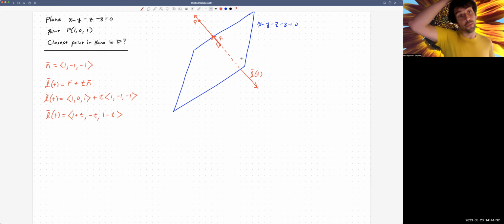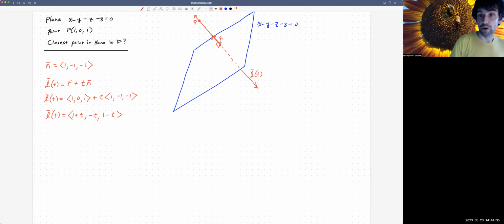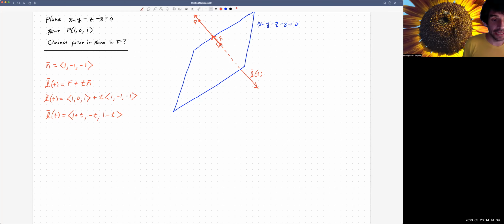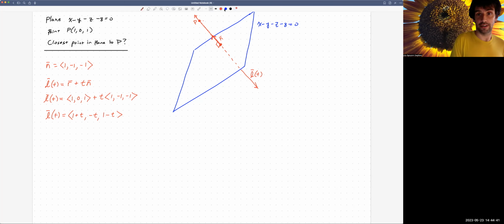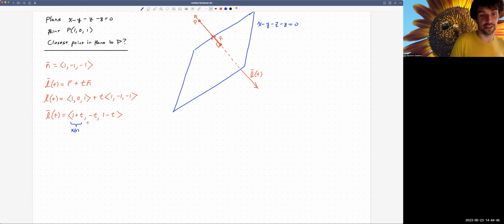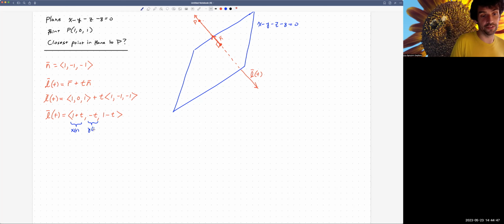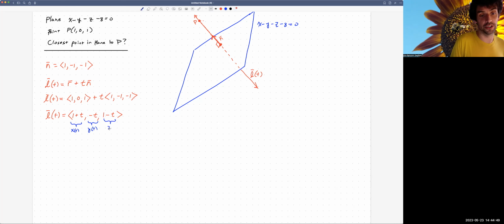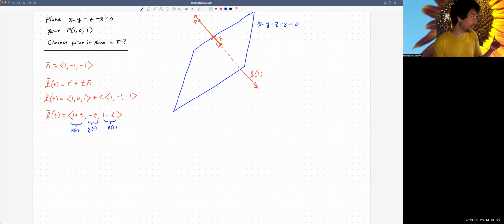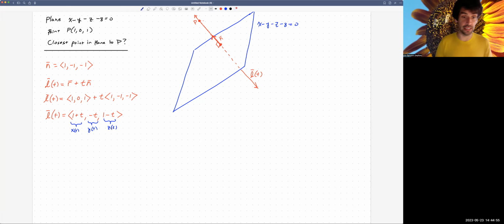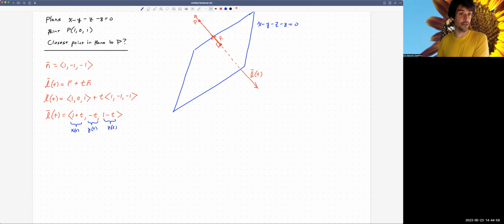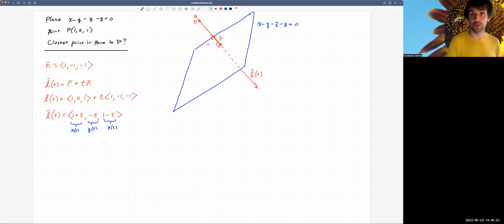So we want to know where this line intersects the plane, right? Well, I know that this is the x coordinate of this line, this is the y coordinate, and this is the z coordinate. When it intersects the plane, what that means is that there's a value of t that when I plug it in, the x, y, and z coordinates that get spit out satisfy the plane equation.